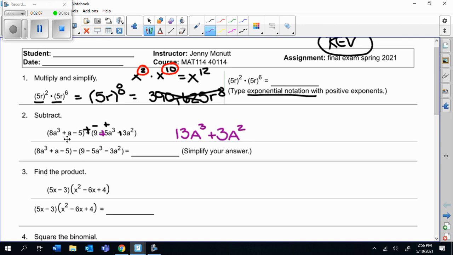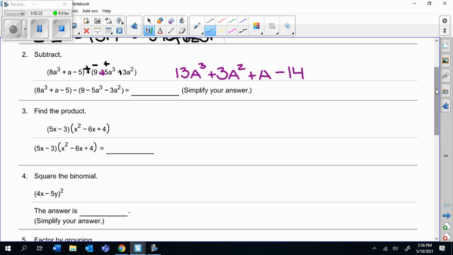I have a positive a here, but nothing else, so plus a, and then that 9 changes to a negative, so a negative 5 and a negative 9 make negative 14. Kind of ran out of space on that one.